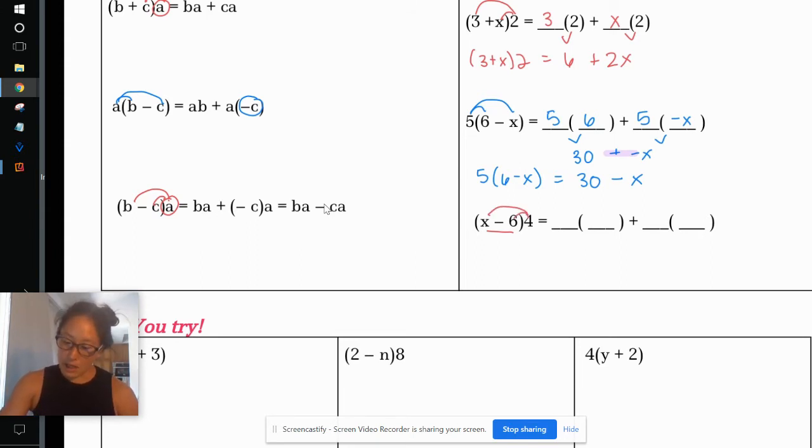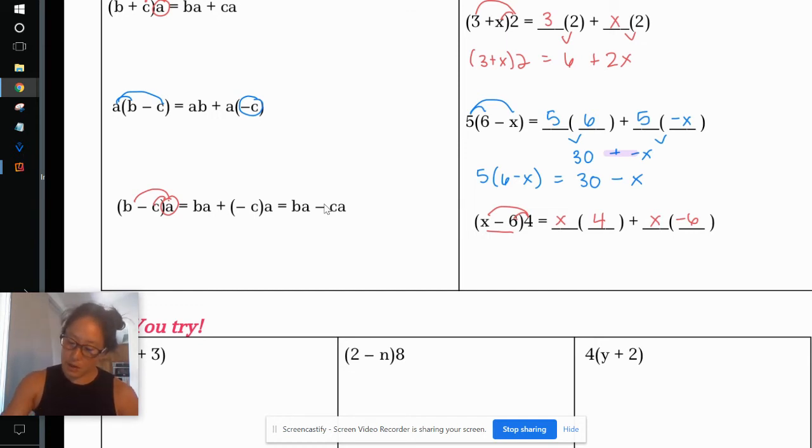I get x times positive 4 minus 6 times 4. The sign in front of the number is the sign that goes with that number. So here, the 6 has a negative in front of it, so we're going to make sure we bring the negative over with the 6.